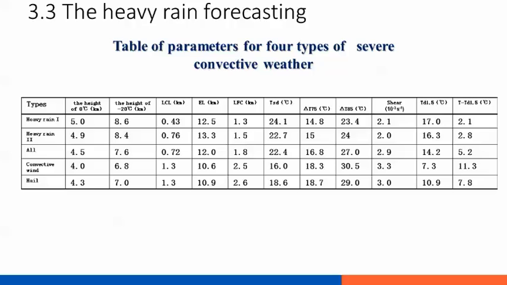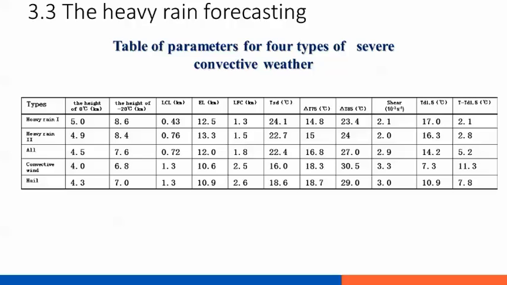These parameters are used to effectively distinguish the environmental background of the four types of severe convective weather. Differences of the environmental background are relatively significant between the heavy rain and the large hail and severe convective winds.